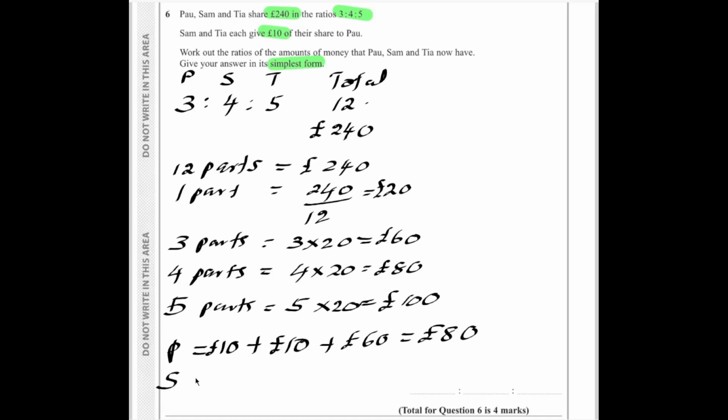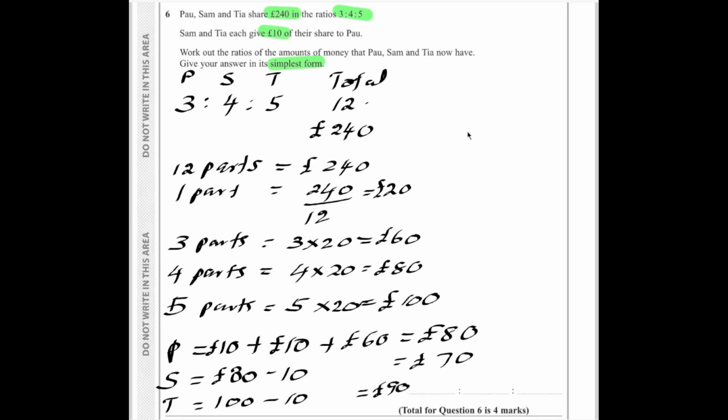Sam had 80 pounds, and he had to give away 10. Then his new share would be 70. And Tia has got 100. From that 100, she had to give 10. Finally, she ends up with 90.